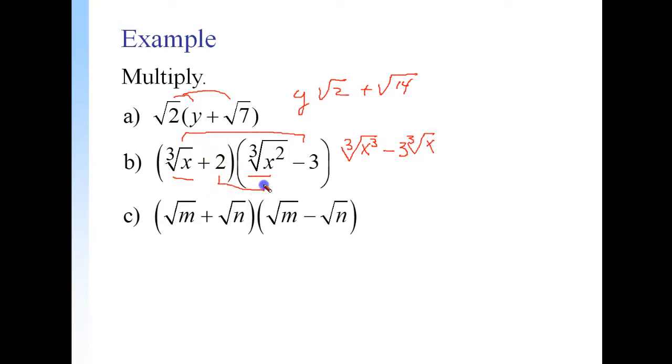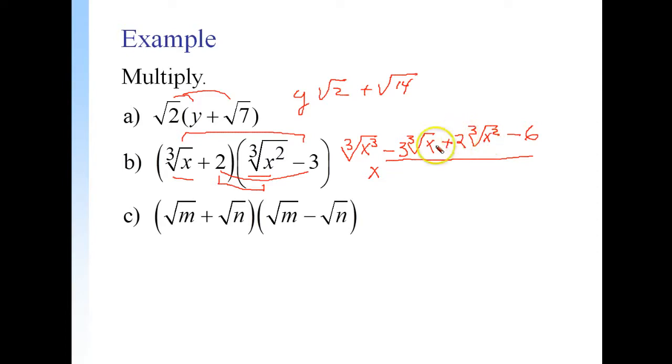Now my inners, and we get plus 2 cube root of x squared. And then we do our last, which is going to be a negative 6. Now, you might leave it this way, but I don't think it's a good idea not to simplify this. So this will be just plain x, and then the rest of this stays the same. You can't combine these because they're not like terms.